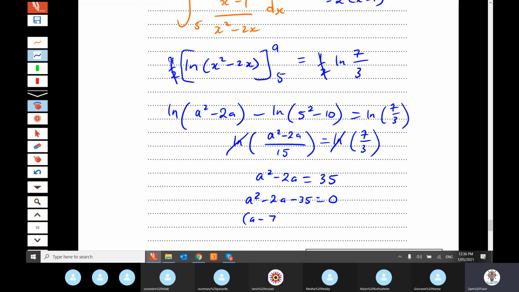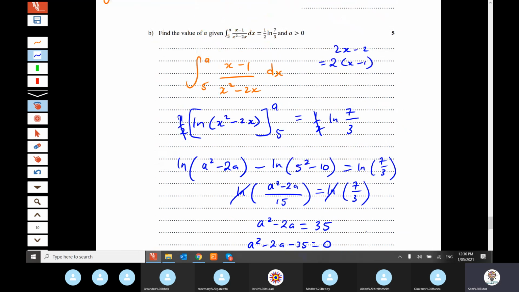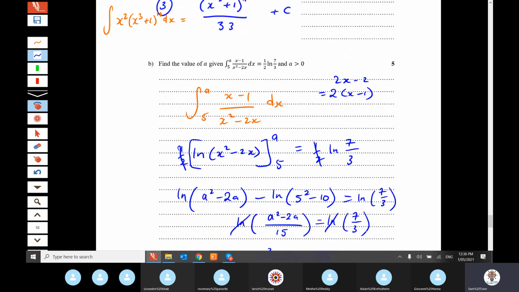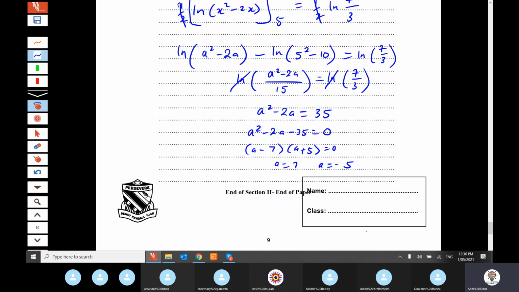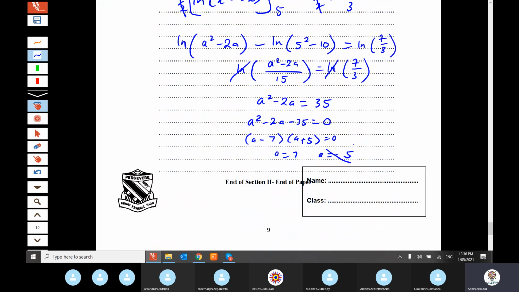That becomes A take away 7. A plus 5. A equals 7. A equals negative 5. I stop. I pause. I go back to the original question. What did it say? A is greater than 0. That's the 5th mark. A is just equal to 7.